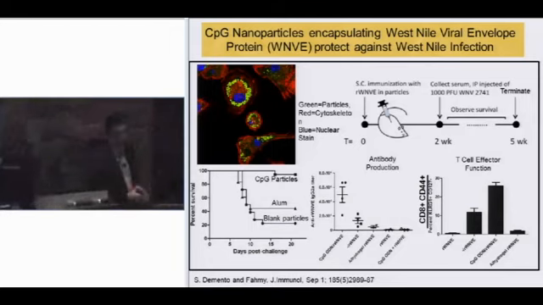In terms of survival, first of all, with these CpG particles with CpG on the surface and West Nile viral envelope, these animals live longer. It's not 100%, but there are a number of other parameters here, like dosage, etc. But the important thing is to compare it to alum, which is our current conventional vaccine adjuvant, and the difference is better.